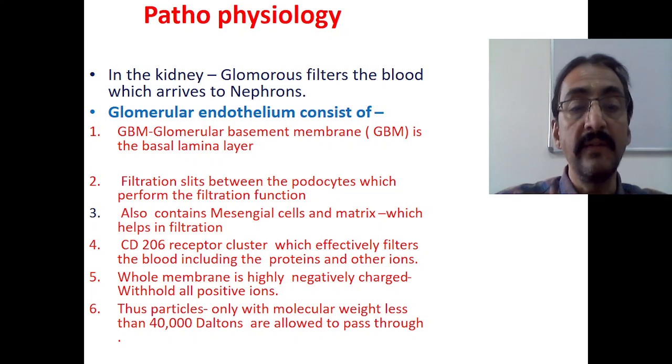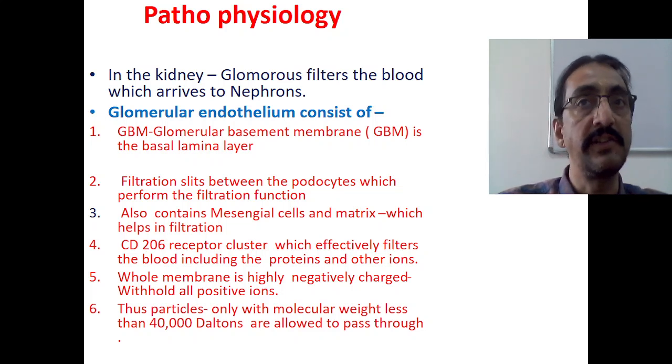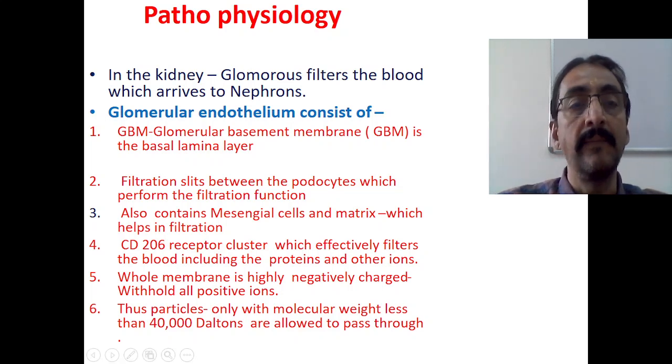Thus only particles with a molecular weight less than 40,000 daltons are allowed to pass through. Any particle which is more than 40,000 dalton in size will be effectively reabsorbed back into the bloodstream. So this is one important thing that we have to understand.